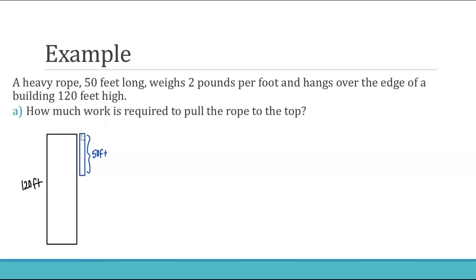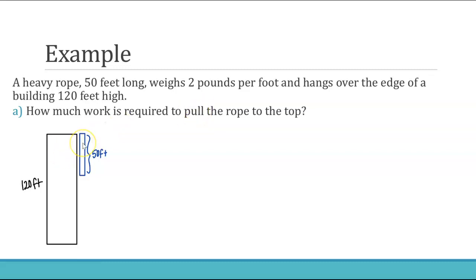Initially, this rope weighs a total of 100 pounds, because we are told that the rope weighs 2 pounds per foot. If it's 50 feet long and 2 pounds per foot, we have 100 pounds worth of rope hanging off the side. We want to compute how much work is required to pull the rope to the top. The force is not constant.